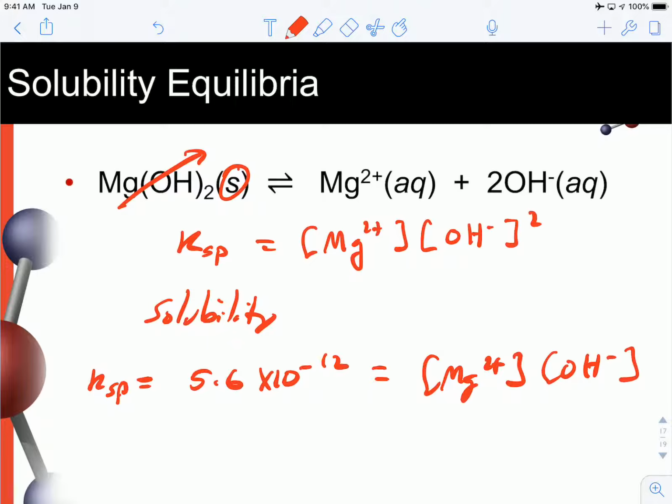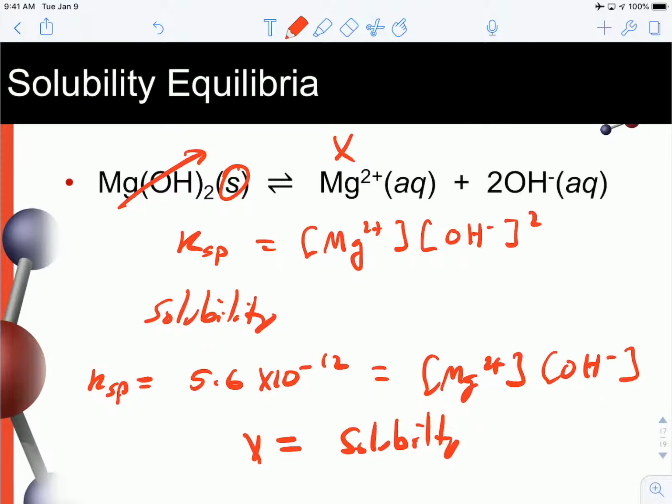And what we're going to do is we're actually going to solve this in class. So you take a look at this. You can use a RICE table here and put in some X values for these and solve it and see what you get. And effectively, what I will tell you is that X is equal to the solubility, because X is equivalent to the dissolution.